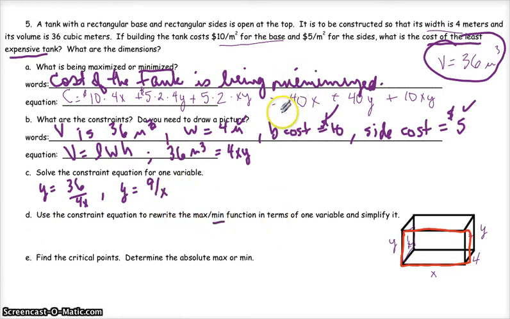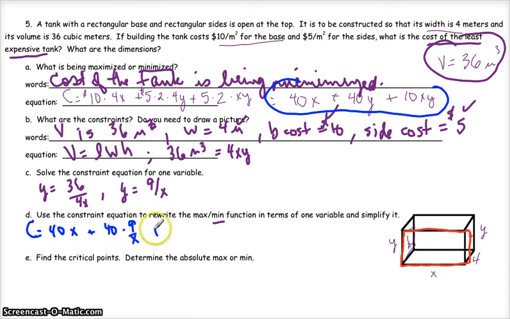So let's use the constraint equation to rewrite our min function in terms of x. So here's our minimum function. This is our cost, remember. So our cost is equal to 40 times x plus 40 times 9 divided by x plus 10 times 9 divided by x times x.